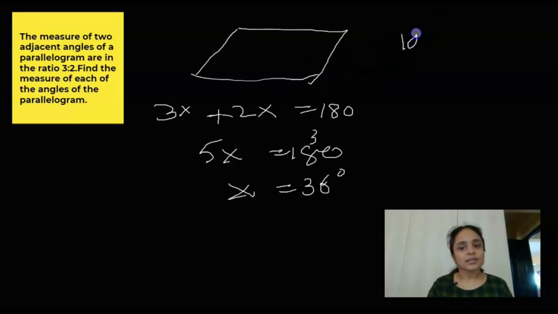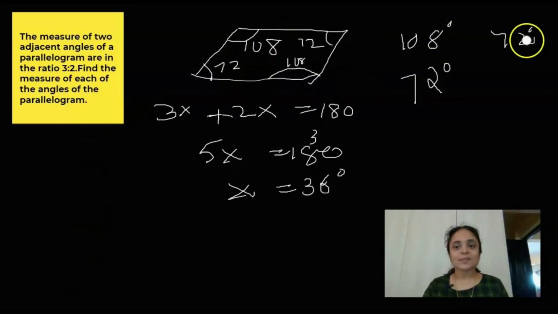So 3 into 36 is 108 degree, and 2 into 36 is 72 degree. So the angles are 72 degree and 108 degree. And since this is a parallelogram, the opposite angles are equal and the sum of adjacent angles is equal to 180 degrees. So you will get 108, 72, opposite angles 72, 72 and 108, 108.